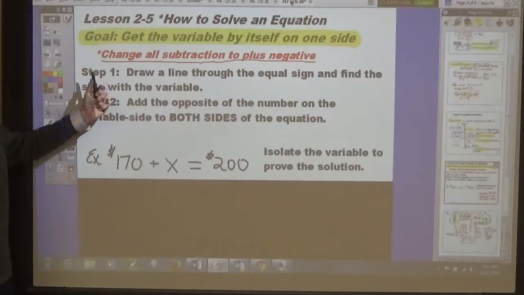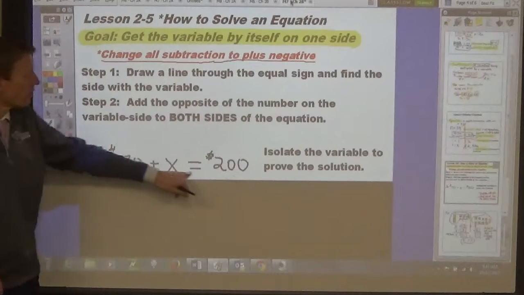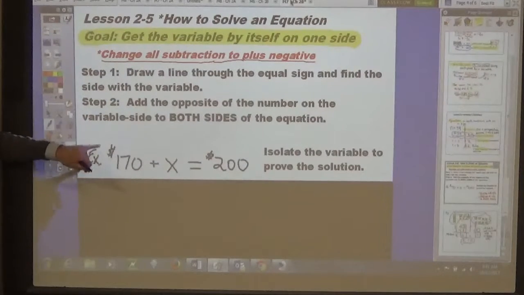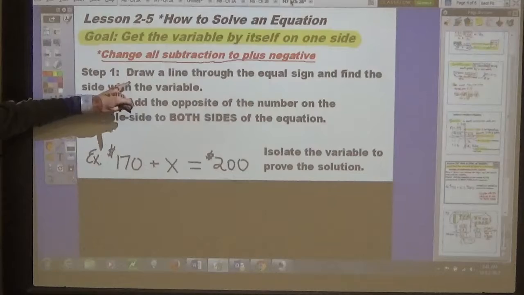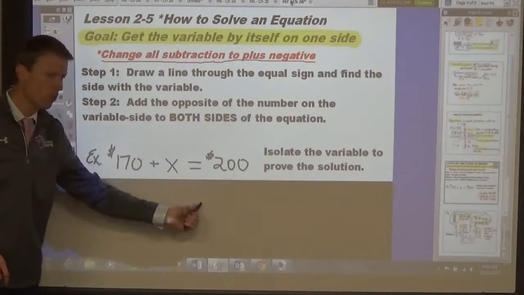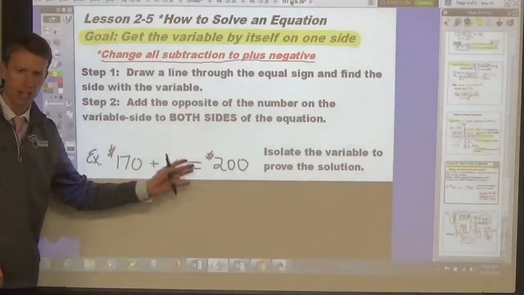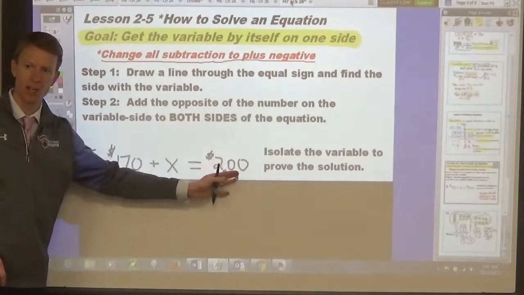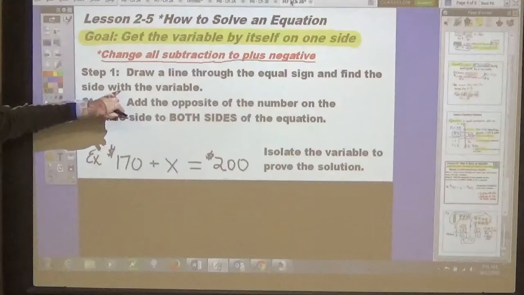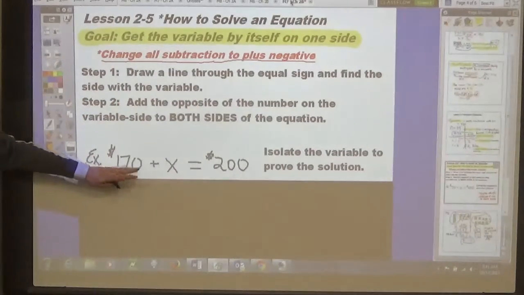The steps for solving. When you're given an equation like this, the first thing you're going to do is to draw a line through the equal sign to separate the two sides. So you've got a left side and a right side of the equation. Okay? And then find the side with the variable on it.